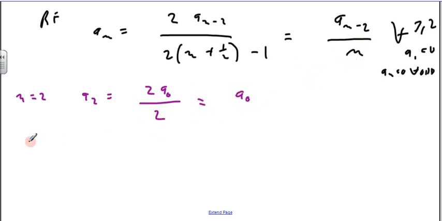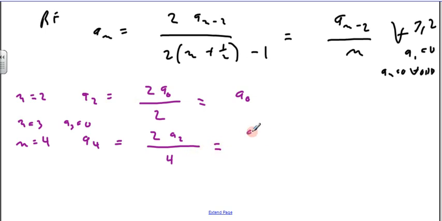So that'd just be a0. n is equal to 3. a3 is 0, so we don't have to do anything. n is equal to 4. a4 is equal to 2 a2 divided by 4, which is a0 over 2.